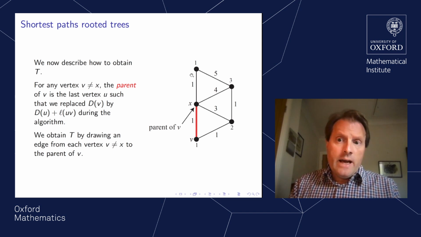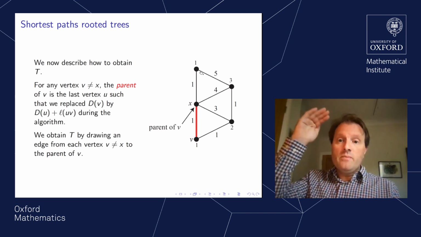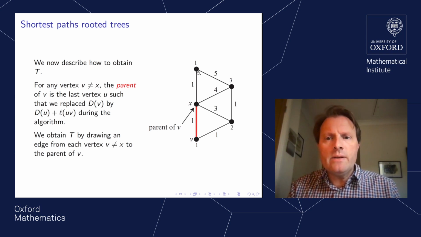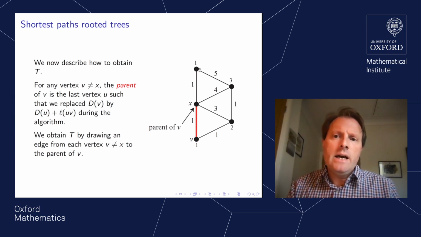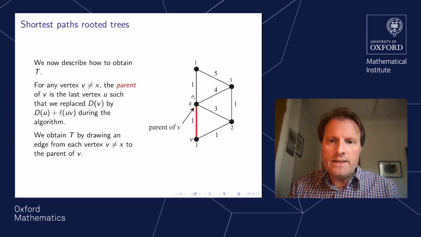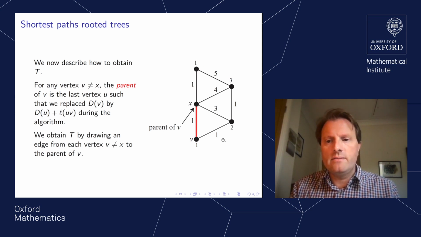The next stage of the algorithm was to finalize this vertex here, and its d value had gone down from infinity to 1, and when it went down from infinity to 1, that was because it was equal to the d value of x plus the length of that edge. So the parent of this vertex here is also x.